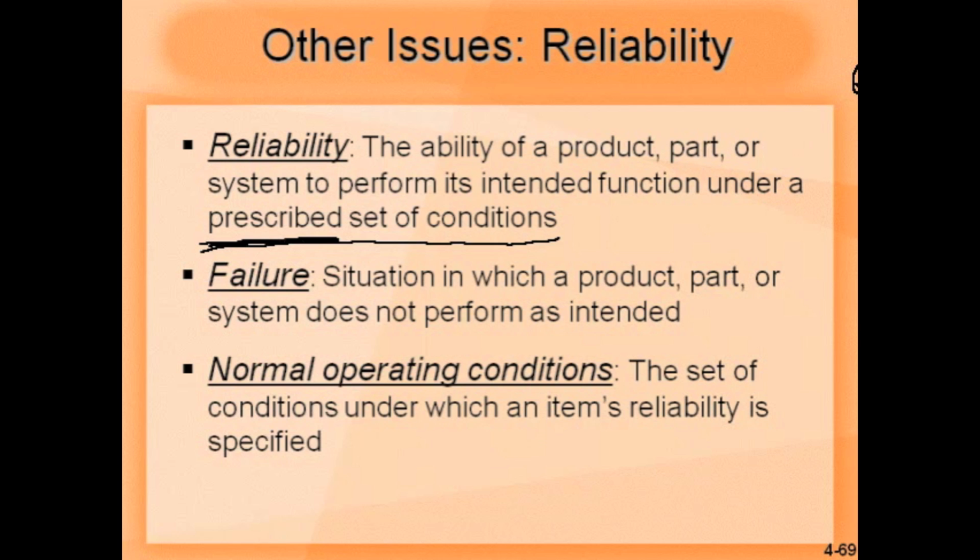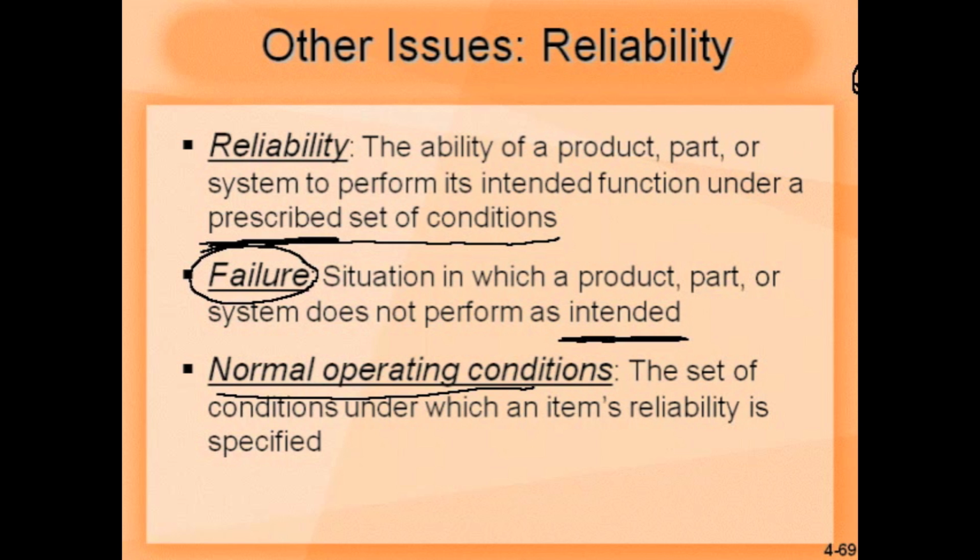For products and services, obviously, reliability is considered very important. If it is not reliable, then a product is said to fail. Situations in which a product, part or system does not perform as intended are called a failure. The prescribed set of conditions, or normal operating conditions, are the set of conditions under which an item's reliability is specified.